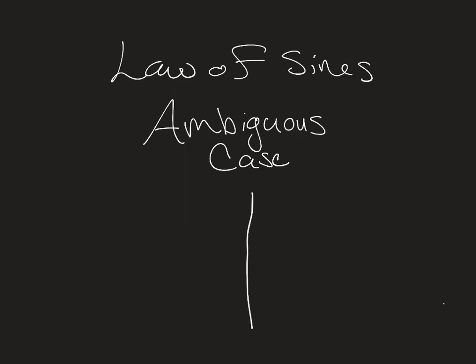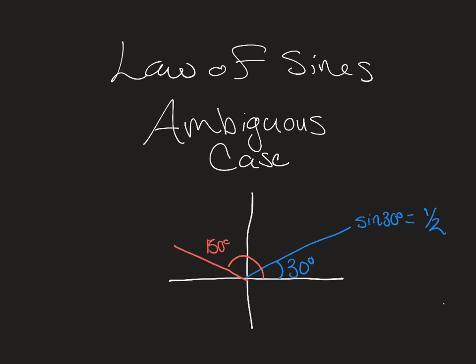If we talk about the unit circle, I'm going to focus on the first two quadrants. If I rotate 30 degrees, sine of 30 degrees equals a half. Instead of going 30 degrees, I could also go 150 degrees. This red angle that I've drawn is 150 degrees, and sine of 150 degrees also equals a positive 1/2.